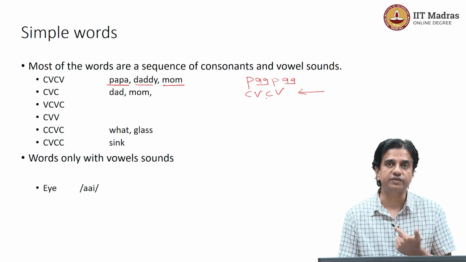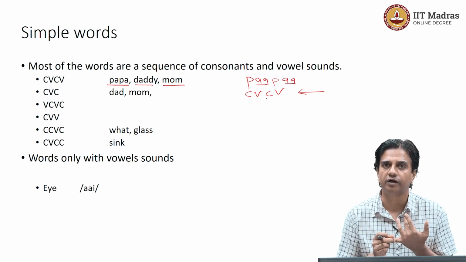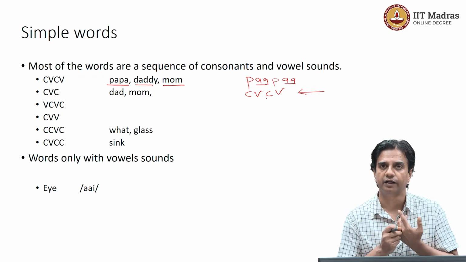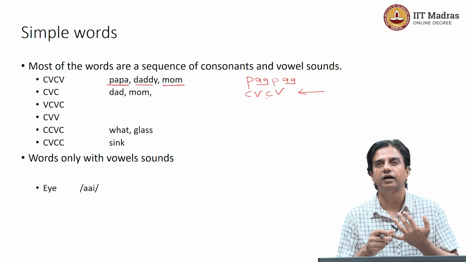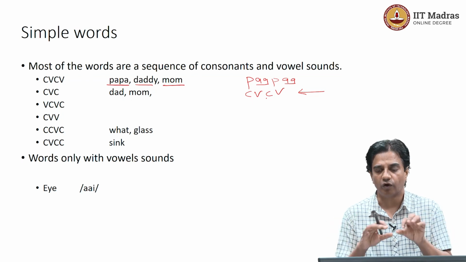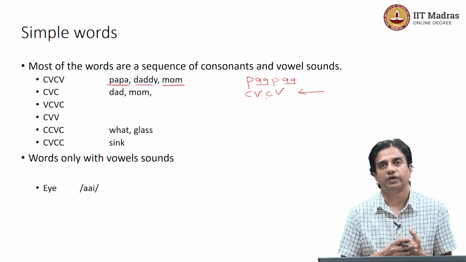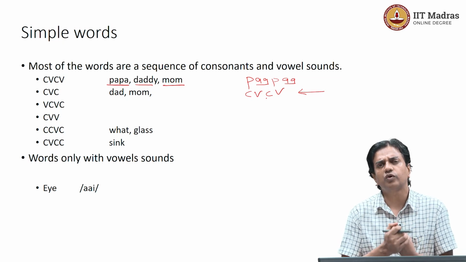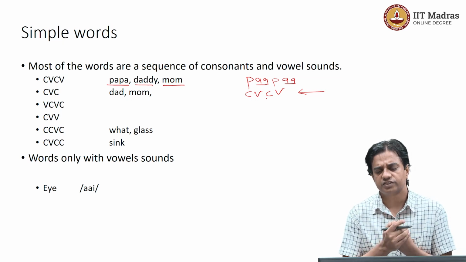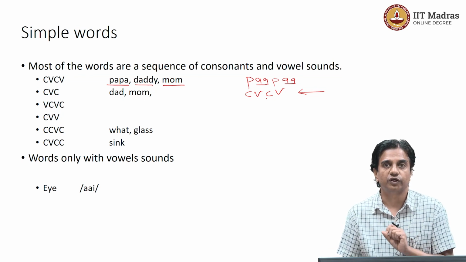You will find this sequence in many words like mama, baba, chacha. All kinds of words will follow this pattern. Not only relation terms, but there are a lot of words with just this alternation of consonant and vowel possible.